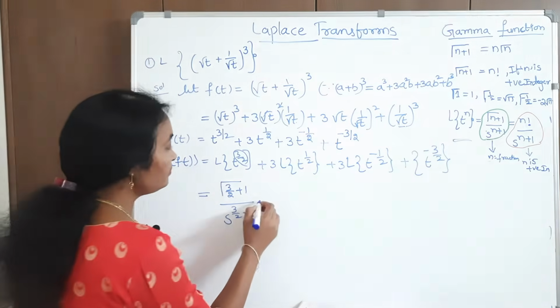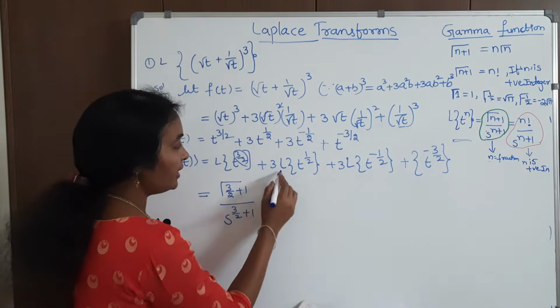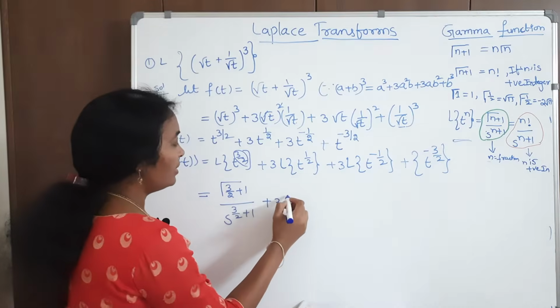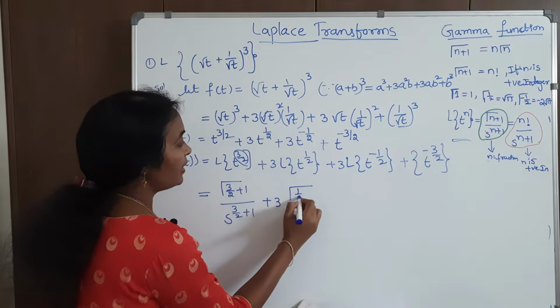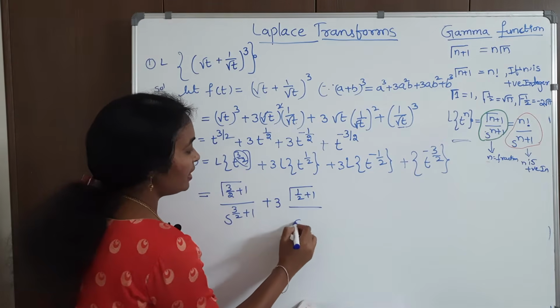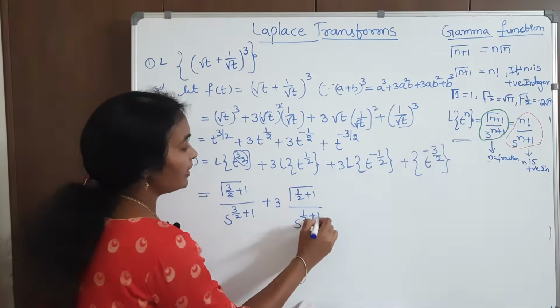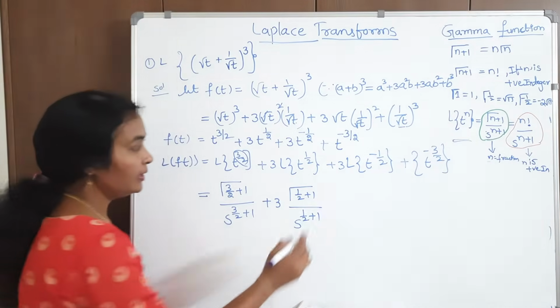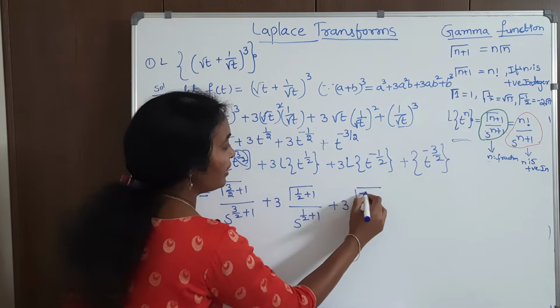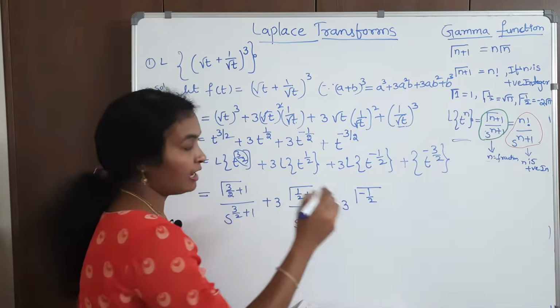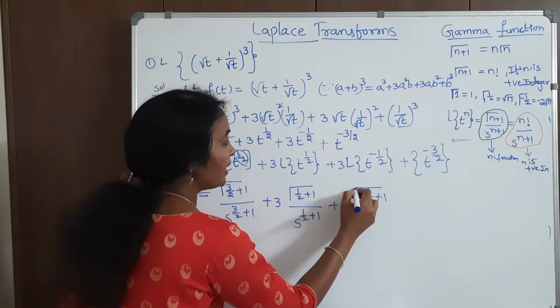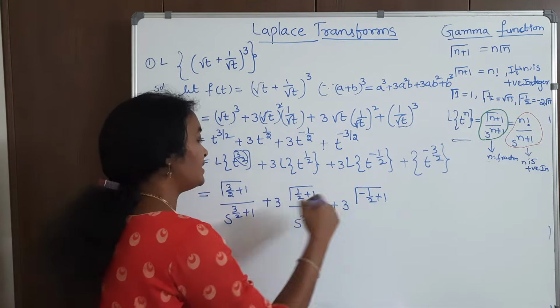Okay. Next, 3 Laplace of same, gamma of n plus 1 by s to the power of n plus 1. Okay? Next, 3 gamma of n is minus half plus 1.